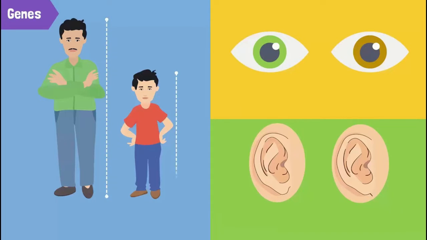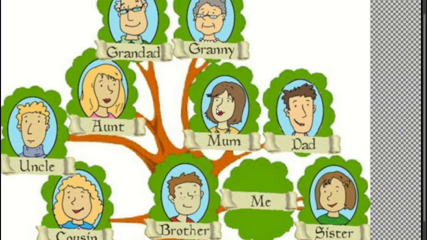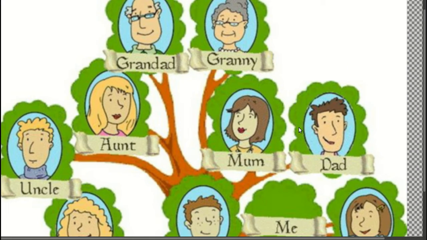But what is it that passes through? Everything. That means everything about your body. How tall you will be in the future. You won't be the same height as your father. You won't be the same height as your mother. Maybe you're taller, maybe you're shorter. Same as in our last picture, the DNA passed through all the generations.